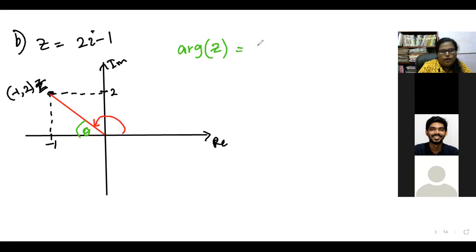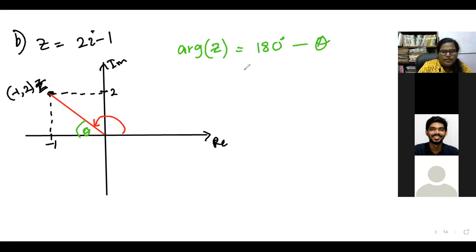Arg Z is 180 minus theta, because we want this red color angle here. To get this red color angle, we have to subtract this theta angle from 180. You know that the half semicircle gives you 180 here.